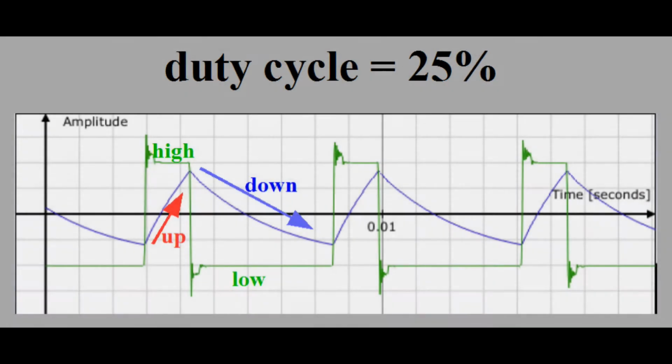And we see it's more or less the same. The only difference to the behavior of the pulse wave is that the terms on or high and off or low don't mean above the zero level and below the zero level, but up and down.